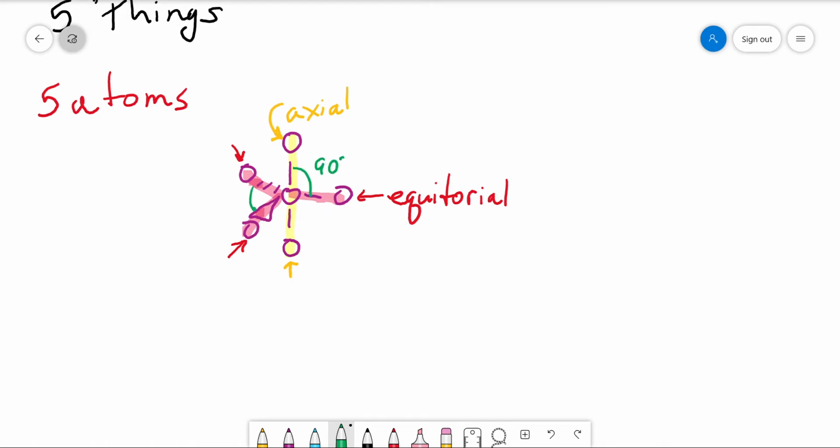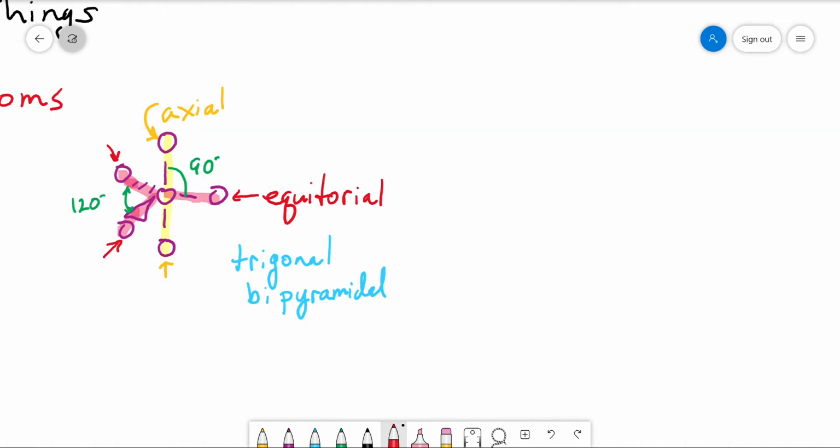And then the equatorial positions are all 120 degrees from each other. And hopefully you remember what this is called. This is trigonal bipyramidal. And so an example of that would be PCl5.